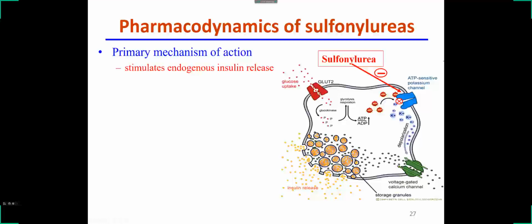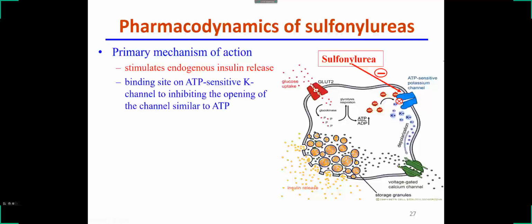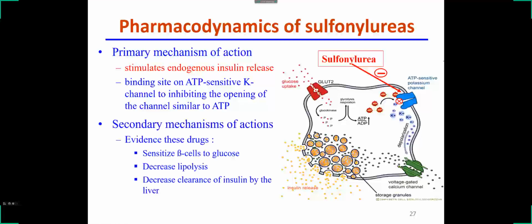So the primary mechanism of action is to stimulate endogenous insulin release. It binds to the ATP-sensitive potassium channel and mimics ATP, and this sensitizes the beta cells more to glucose.